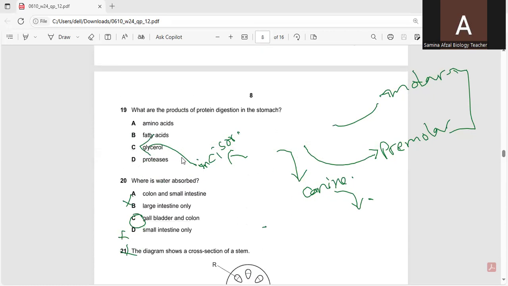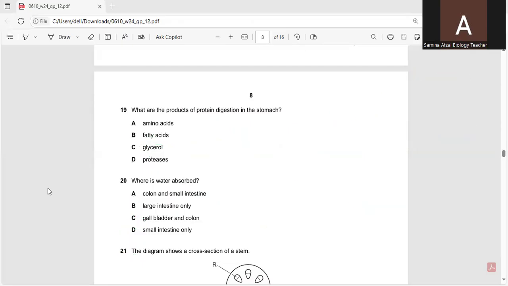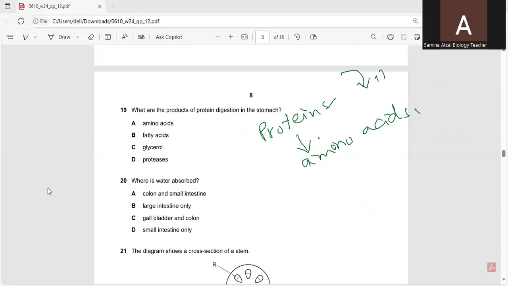Now next question number 19. What are the products of protein digestion in the stomach? Proteins are changed into amino acids, and in stomach, the gastric juice is present, and HCl. Gastric juice contains protease.